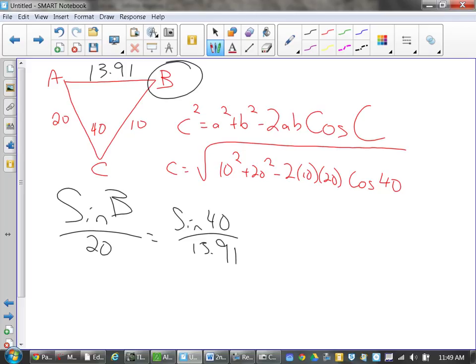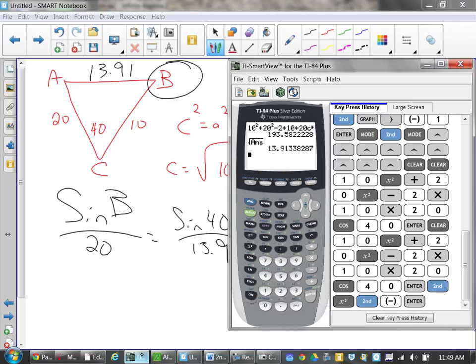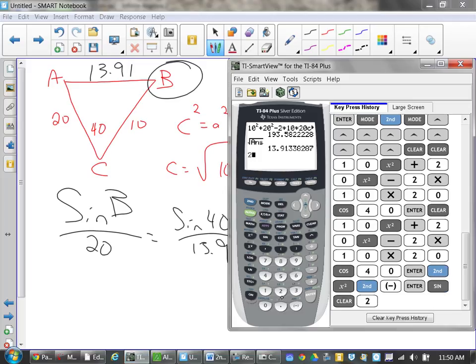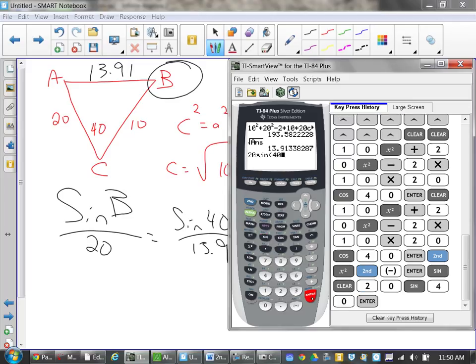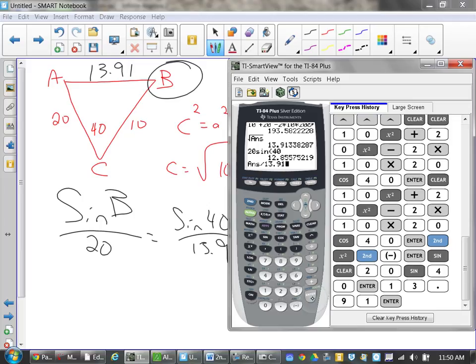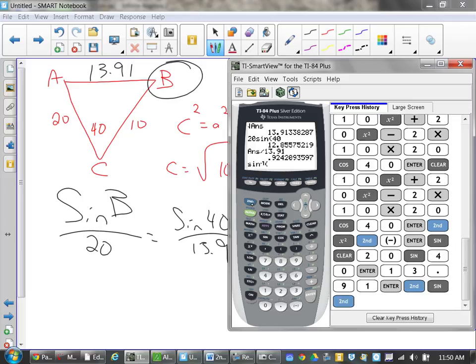Right. So using some math, sine of B would be 20 sine 40 divided by 13.91. You get about 0.92, and taking the inverse sine of my answer, it's giving me an angle of 67.55.